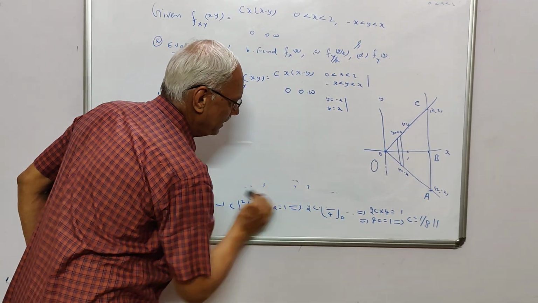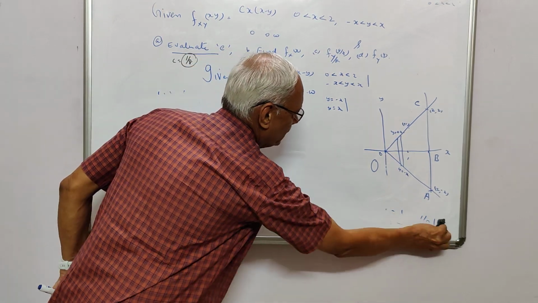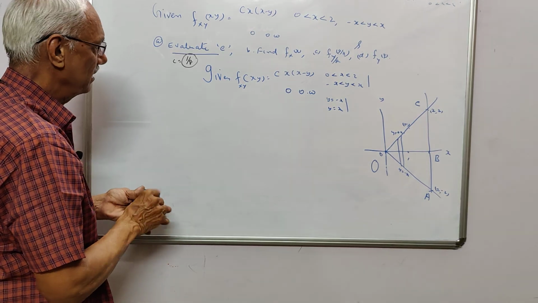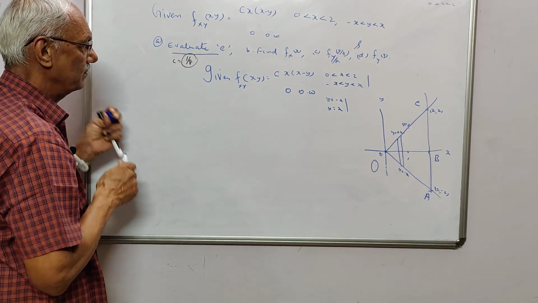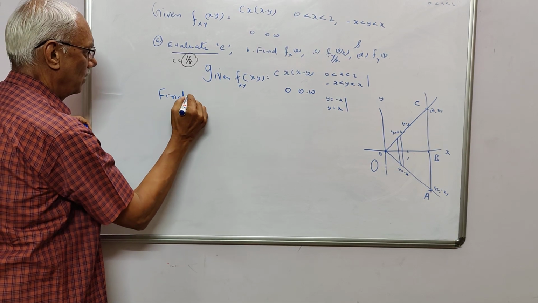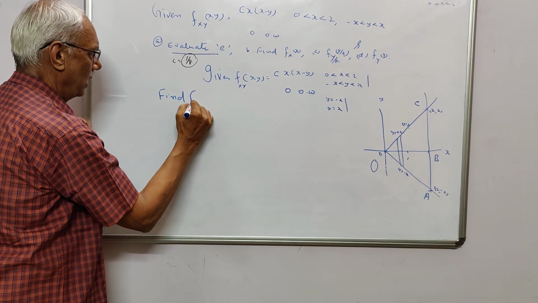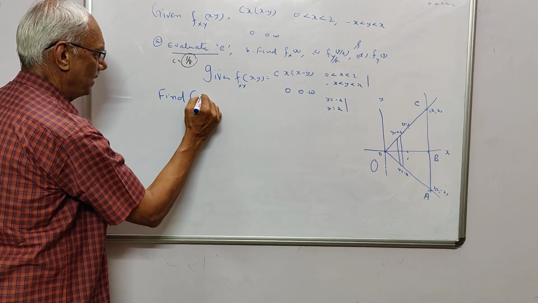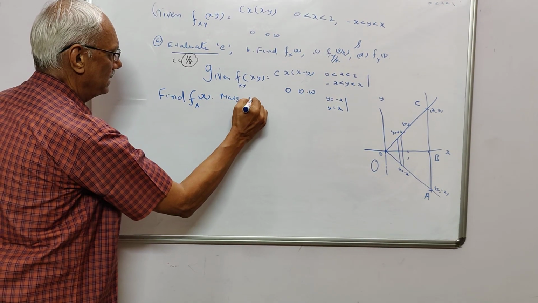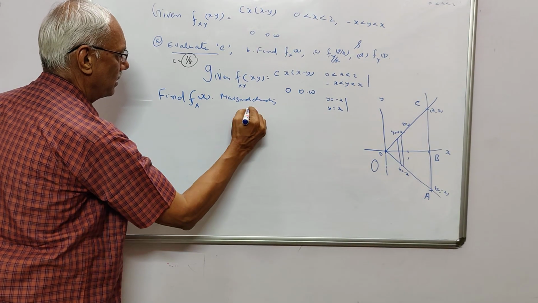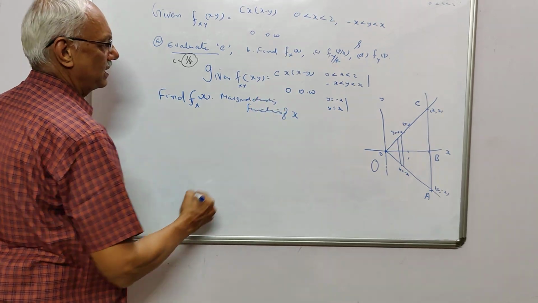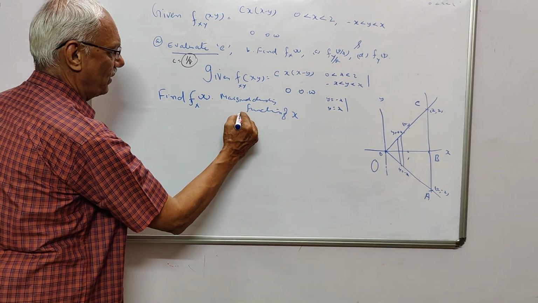The next one is to find the marginal density function of x. This is called the marginal density function of x.